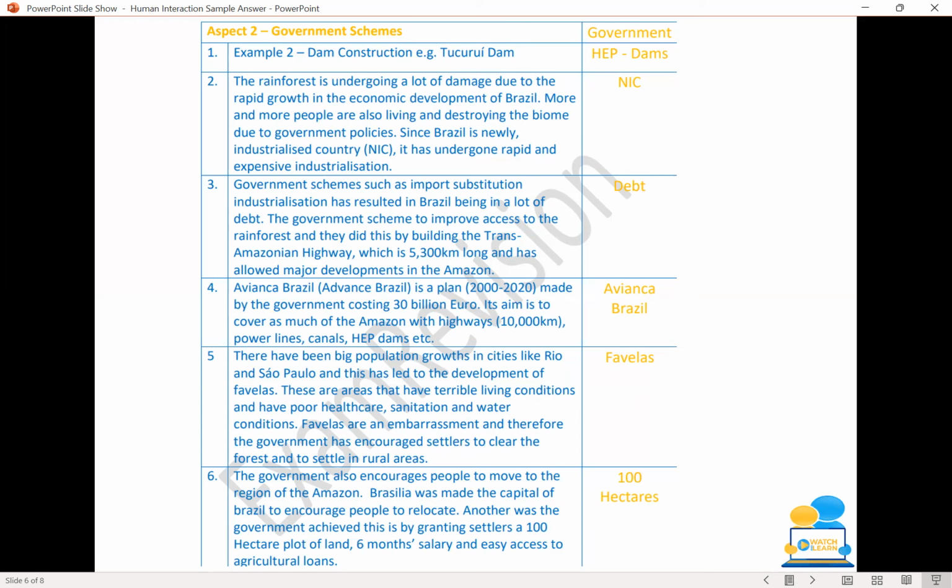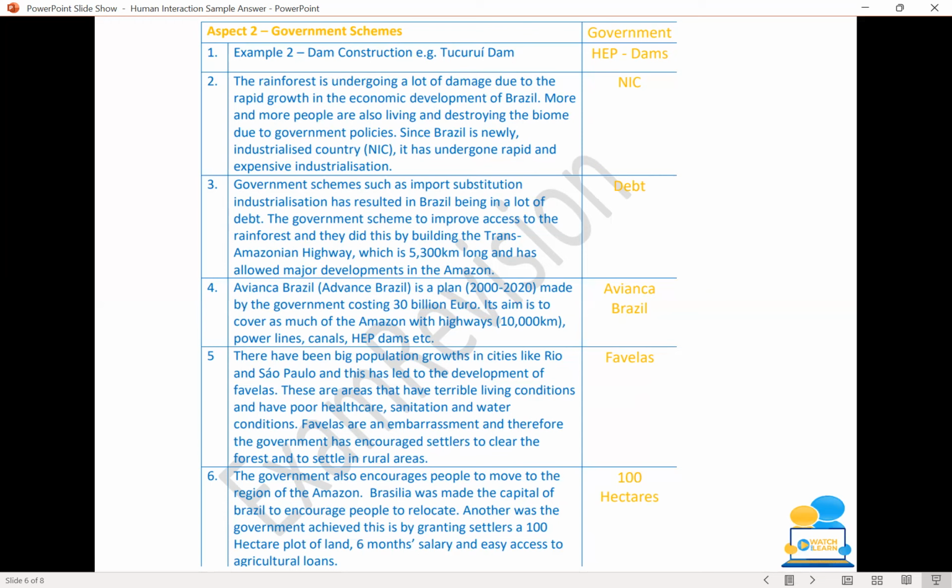Also, there has been an issue with favelas in cities. So there has been big population growth in cities like Rio and also in Sao Paulo. And this has led to the development of favelas. These are areas that have terrible living conditions and have poor health care, sanitation, and water conditions. Favelas are an embarrassment, and therefore the government has encouraged settlers to clear the forest and to settle in rural areas.